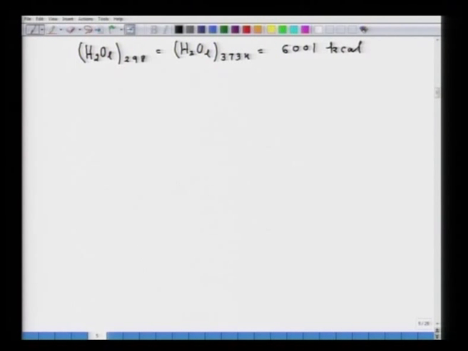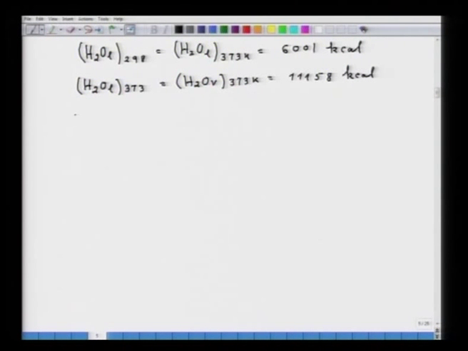Now, do not forget to add its latent heat of evaporation. So, another state is H2O liquid at 373 Kelvin going to H2O vapor at 373 Kelvin. All of you know that at latent heat, temperature change does not occur. So, this value is 11158 kilocalorie.